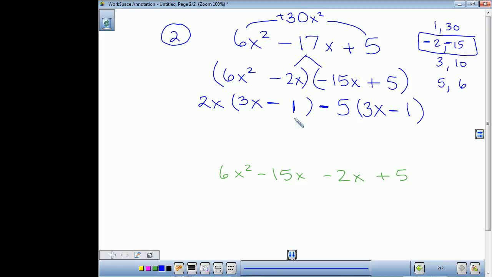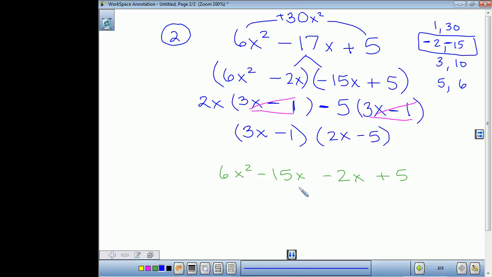Okay, these two terms have this 3x minus 1 in common. Do you see that? 3x minus 1, 3x minus 1. So we can pull that out. And then, since we pulled it out in front, we can group what's left. And what's left is 2x minus 5.